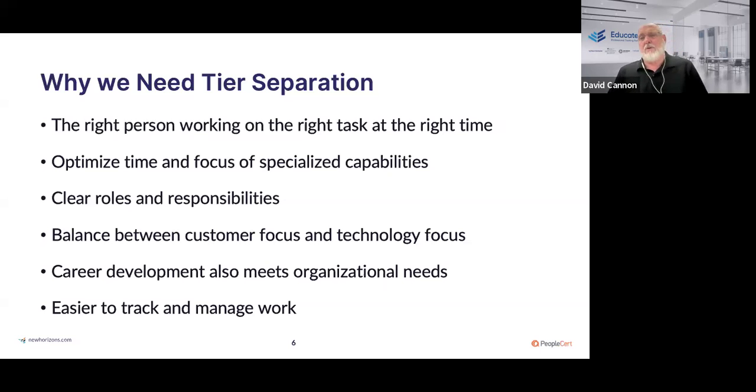But a lot of people want to grow their career into more technical specialization, or into management. And tiering is a way to help them do that because it gives them some objectives: if you want to get to tier two and be a tier two specialist in a particular area, then these are the skills you need to develop.